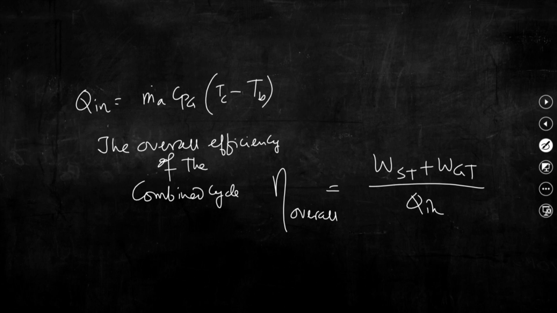So, we could write the overall expression of the overall efficiency, and that is the total work output from both cycles divided by the total energy added to the system.